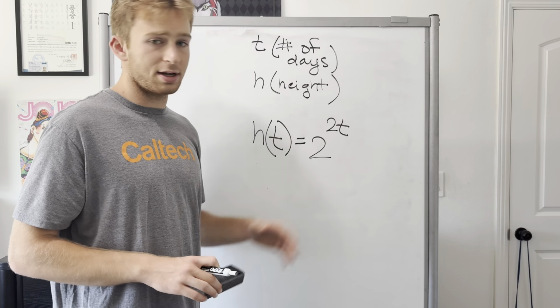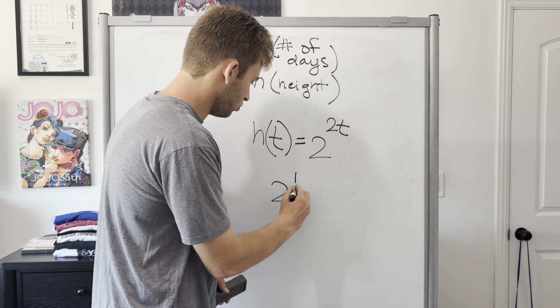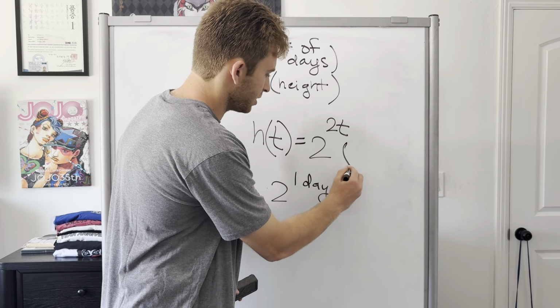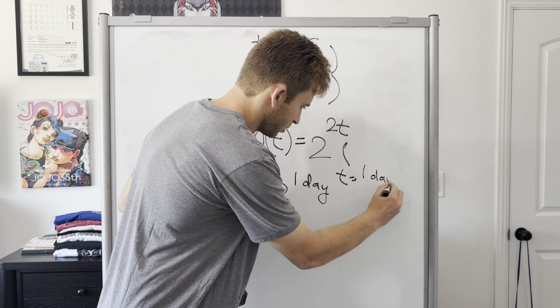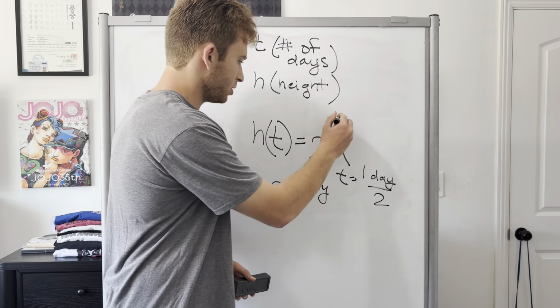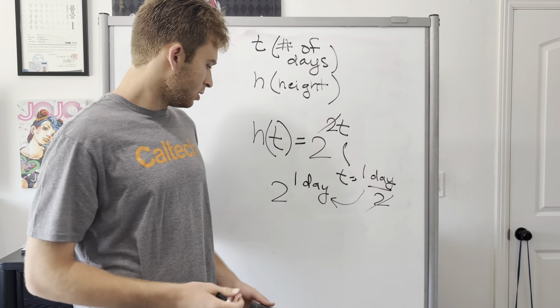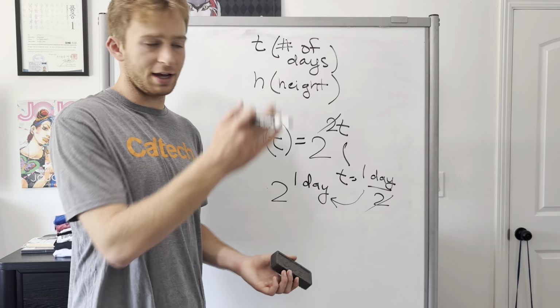For here, let's say I plug in 1/2 day, that's going to read as 2 to the 1. Right? If this t right here equals 1 day divided by 2, you multiply that by 2 from the 2t, and these cancel out, and you get a day, right? And so you get back to the original curve, it's just growing faster.